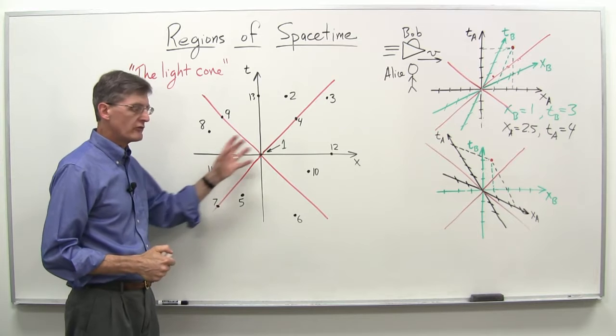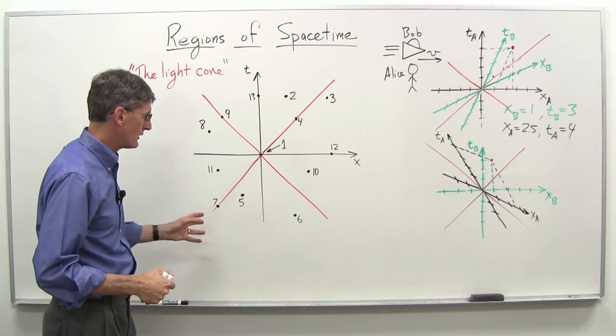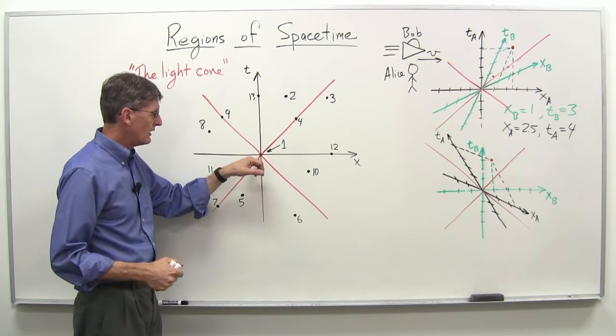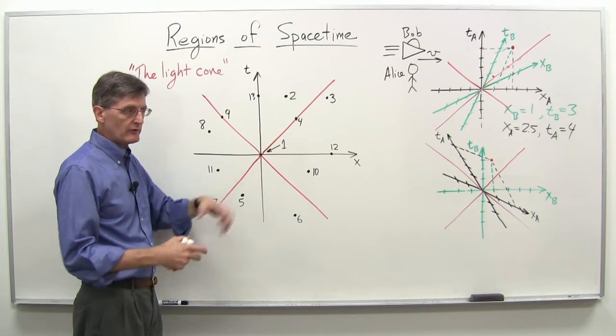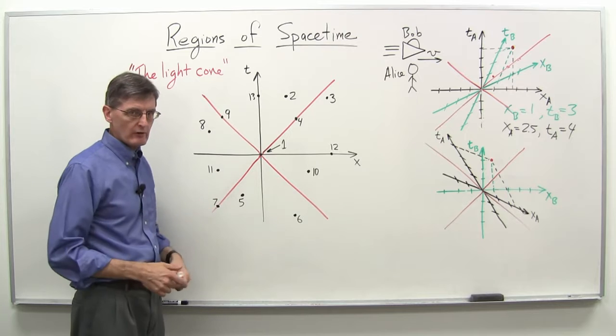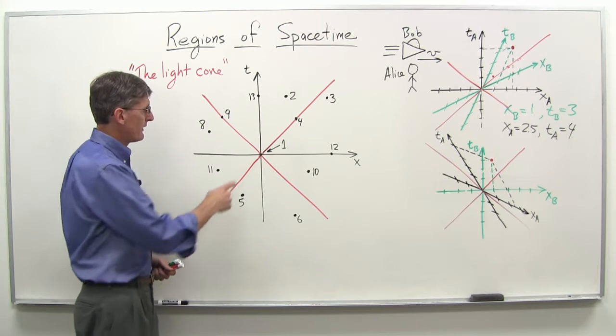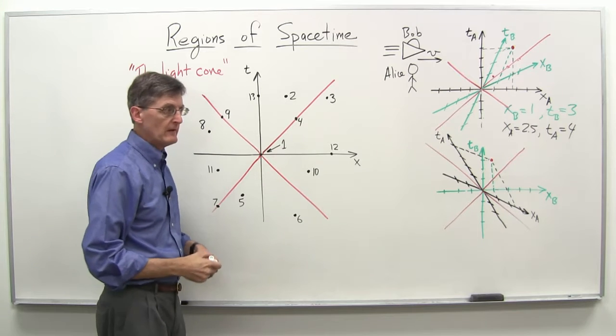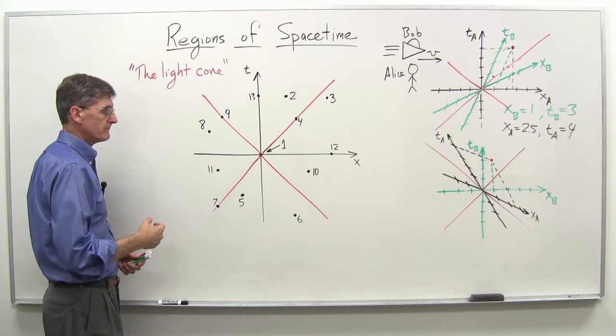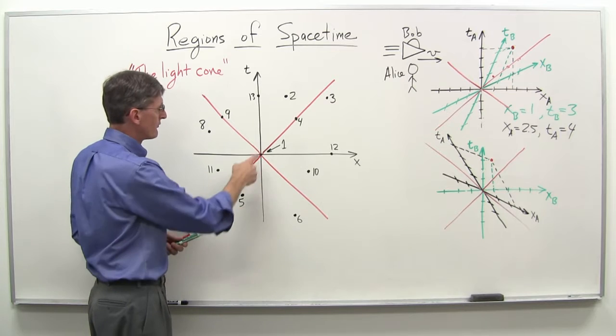But we want to consider some situations now. The specific question here is, if I have an event happening at point 1 here, say anything at all, can that event affect any of these other events here? One way to think about it is, let's just go from 1 to 2.